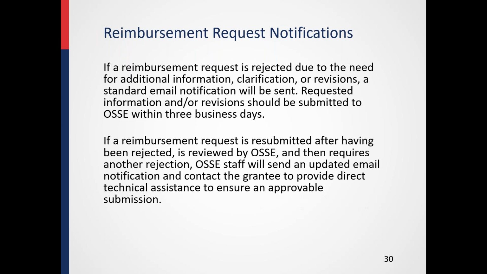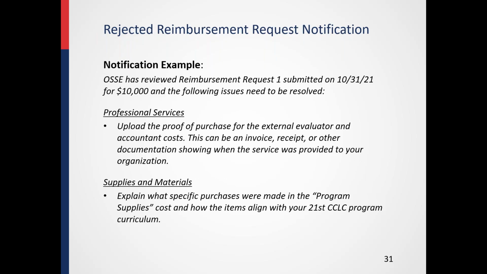An example of this type of notification would be something like, we reviewed reimbursement request number 1. It was submitted on Halloween for $10,000 and the following issues need to be resolved. So under professional services, we need an upload of an invoice or proof of payment, or under supplies, explain what the specific purchases were.